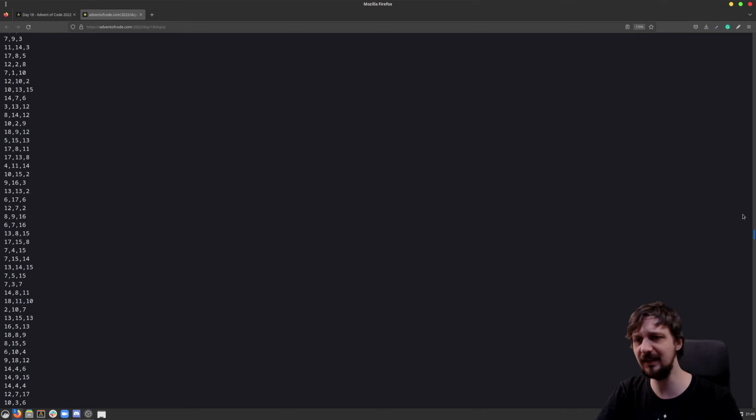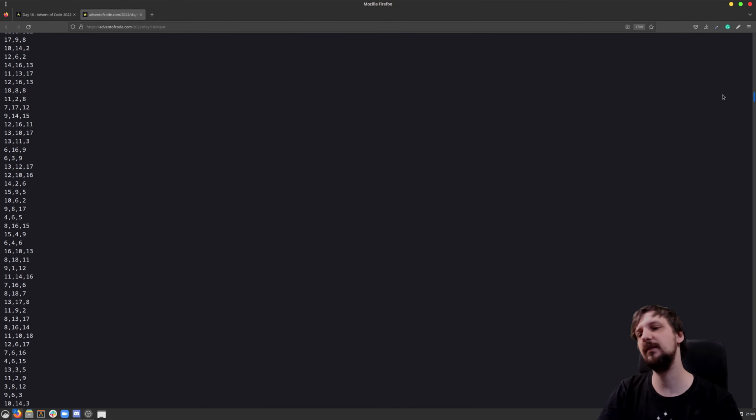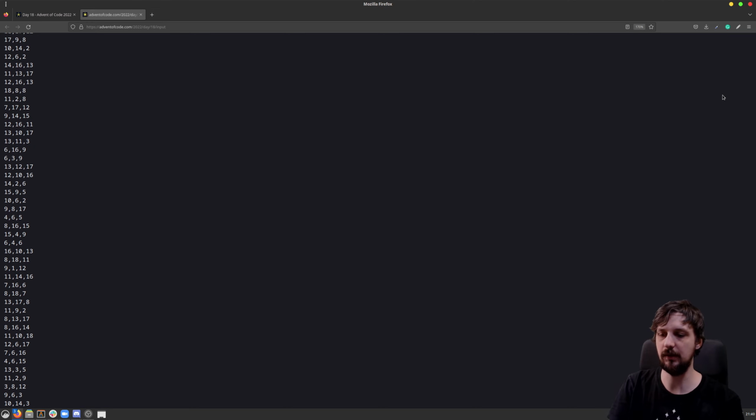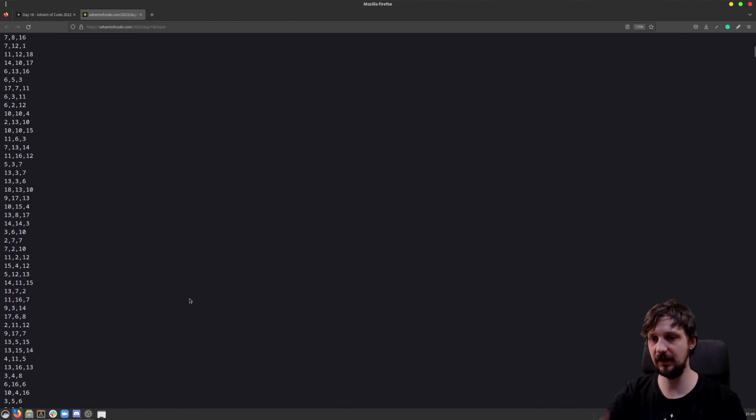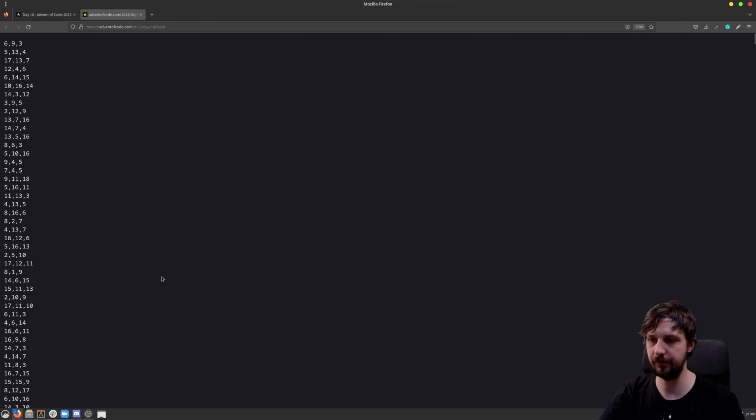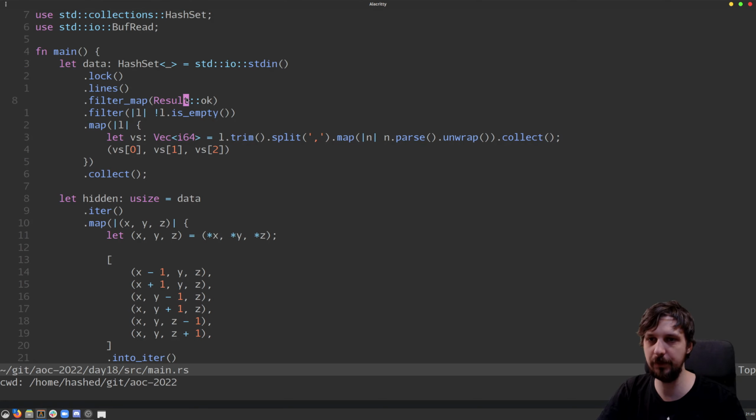But I see that there are not so many points, and in my head there was already a solution which was basically linear in terms of number of points. So I decided I don't care about allocating space as a cube or something like this. I don't try to optimize it. I keep my points in a hash set.